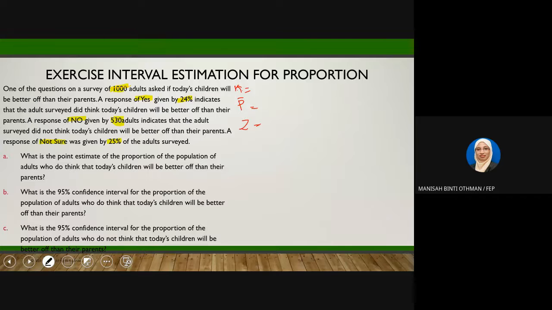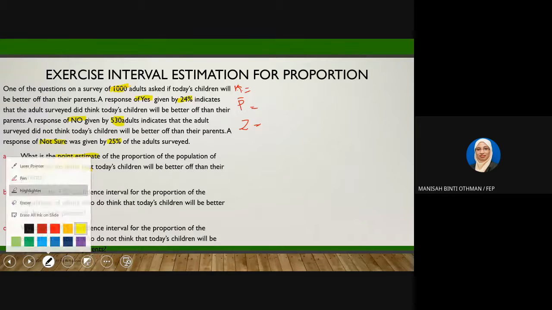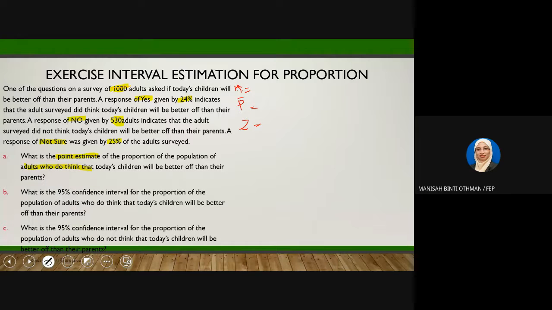So A wants the point estimate of the proportion of adults who think, agree. So how many answer yes? 240. Yes, okay.